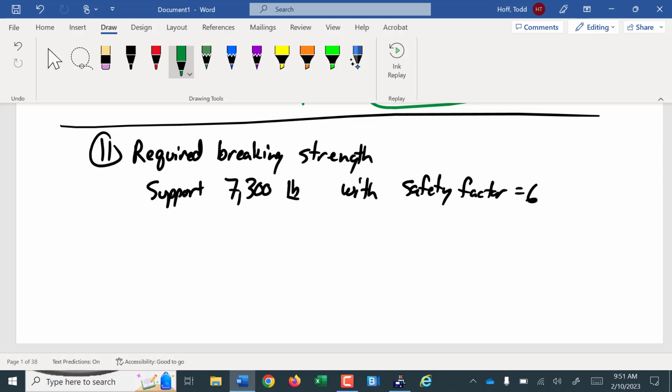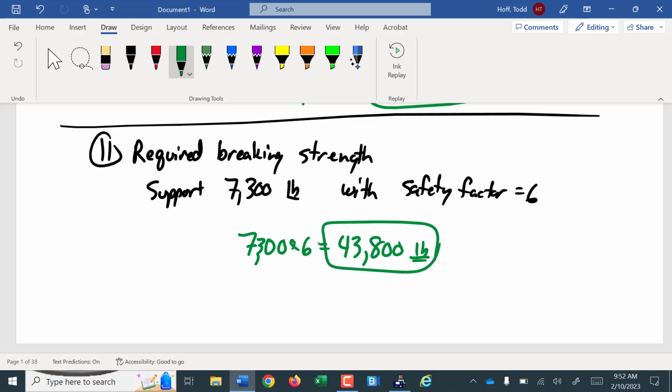So we're going backwards now. We're starting with what we actually need to hold, which is typically what you would do. 7,300 pounds times that safety factor of 6 will give us 43,800 pounds.